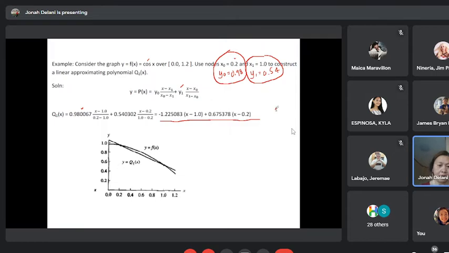So see, the curve cosine x can be approximated using a linear equation. However, see the discrepancy. This is cosine x. And if we are going to graph this, the graph would be this line.